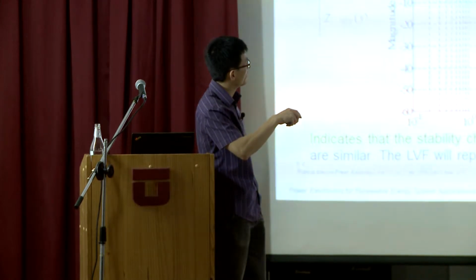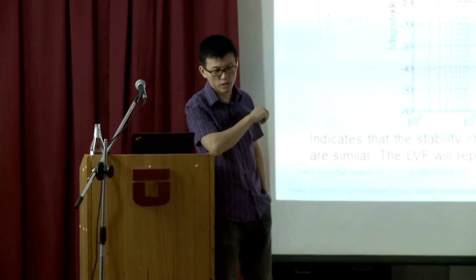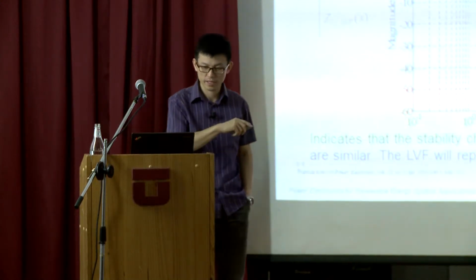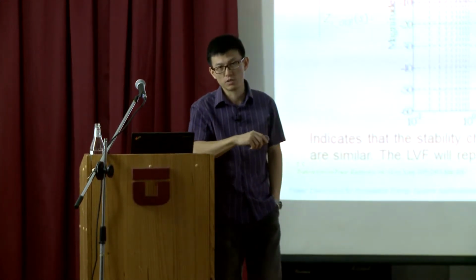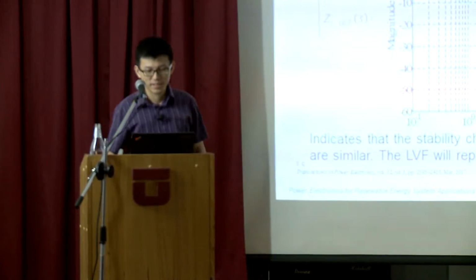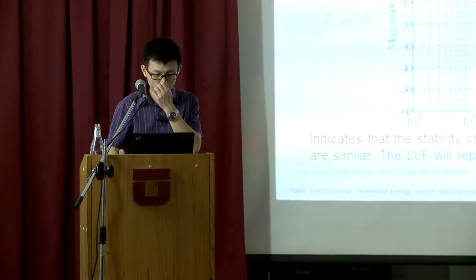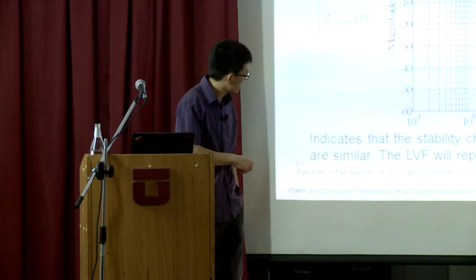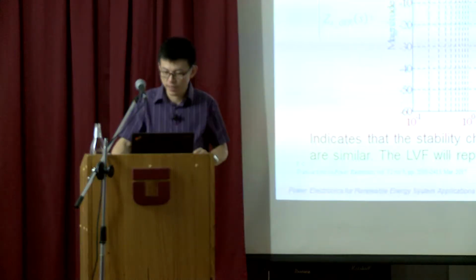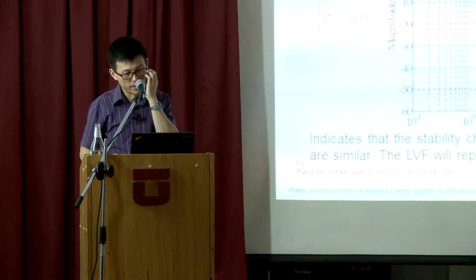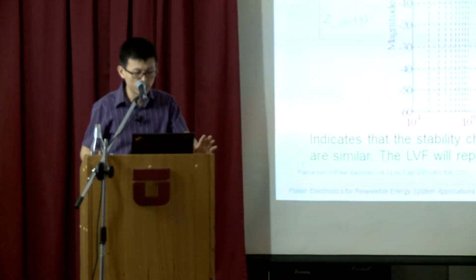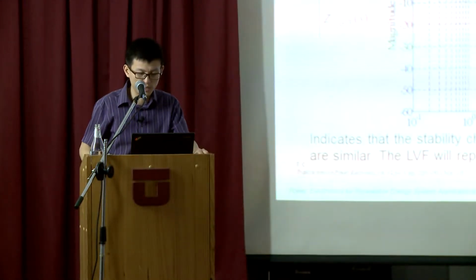If you look at current mode droop control using local voltage feedback, or current mode control using global voltage feedback, you find the Bode diagram very similar. It indicates that the stability characteristics of local voltage feedback and global voltage feedback are very similar, because the Bode diagrams essentially overlap each other.